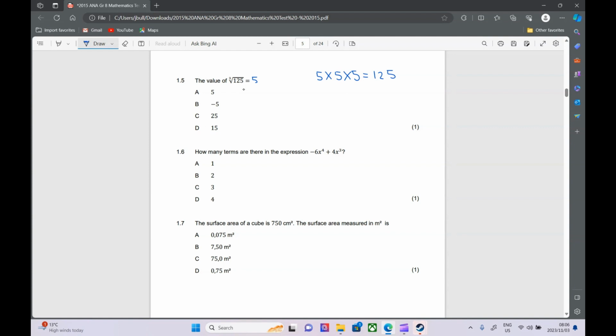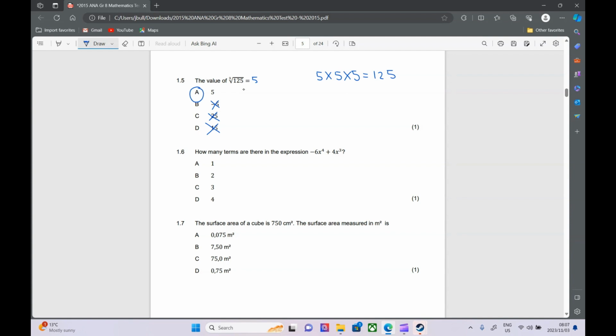Let's have a look at question 1.8. In the right angle triangle ABC below, AB is equal to BC. They've shown us this already, so this line here is equal to this line. Why that's important is whenever they tell us this in a triangle, it means that angle A is equal to angle C. The size of angle C is... they tell us this angle is 90 degrees and those two angles are equal.